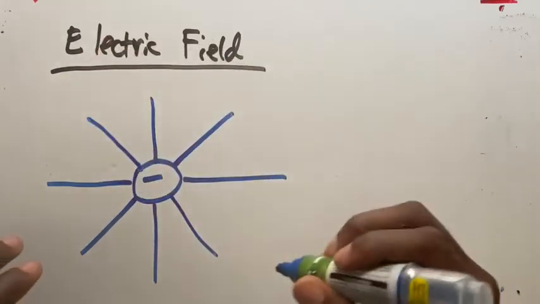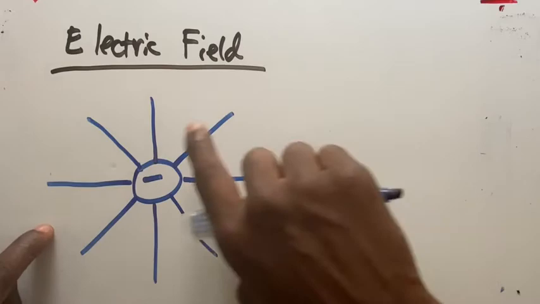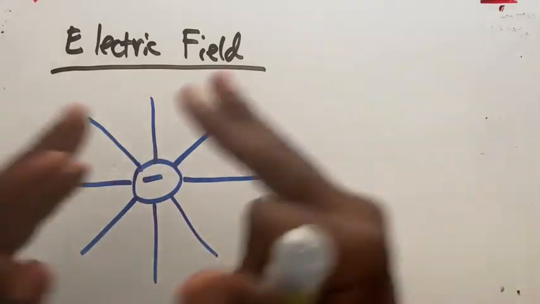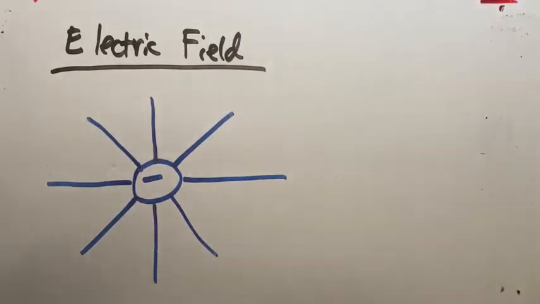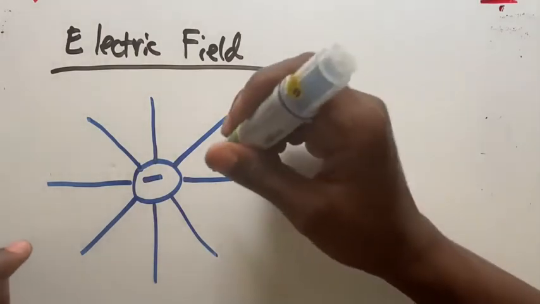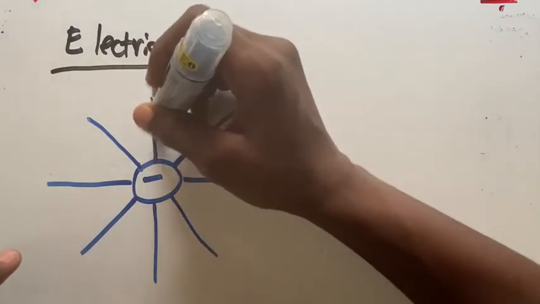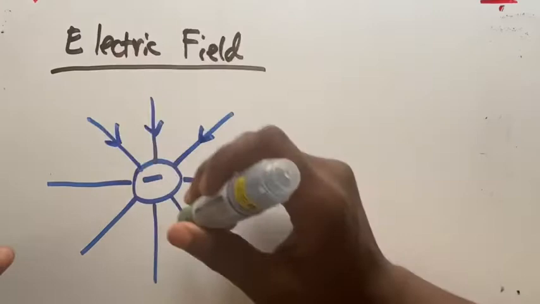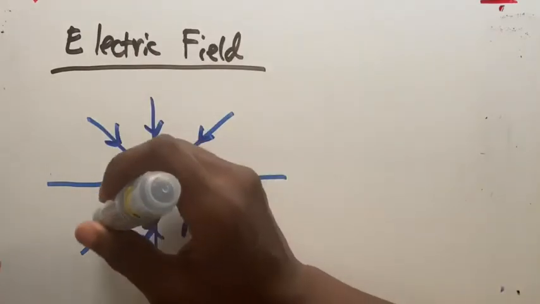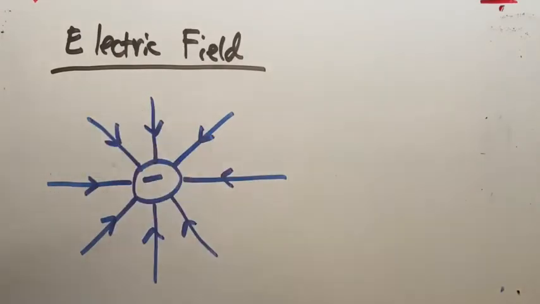These are called electric field lines, and they basically just go outwards in every direction, right? And for a negative charge, they always point towards it.